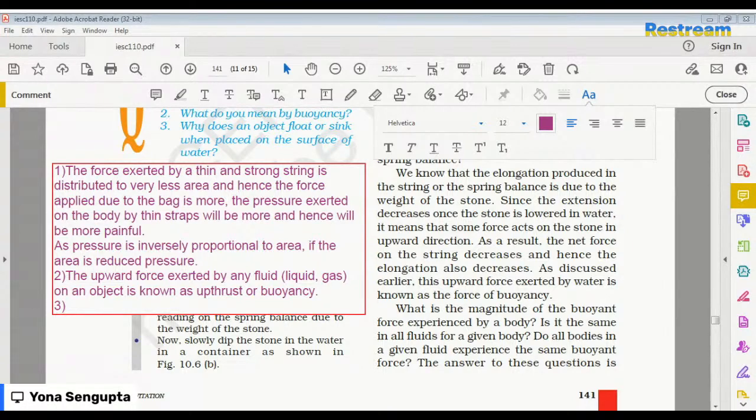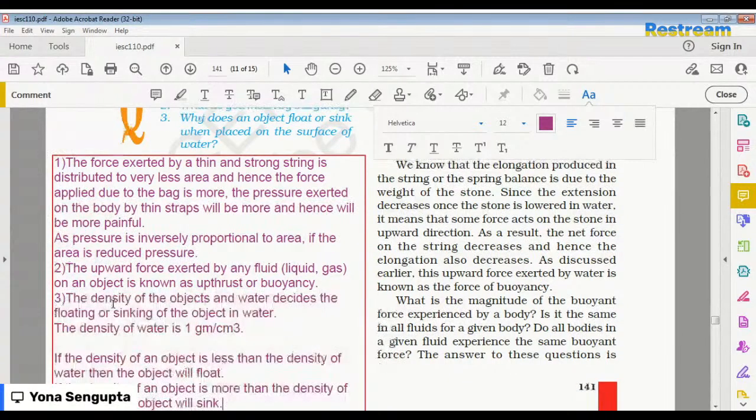If the weight of the object is more than the upthrust of the water, it will sink. So this is the answer for number 3. I hope you can understand.